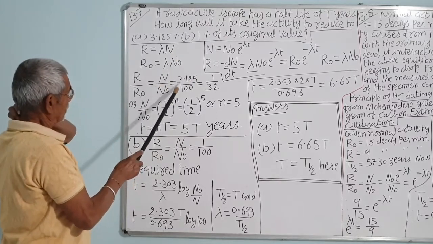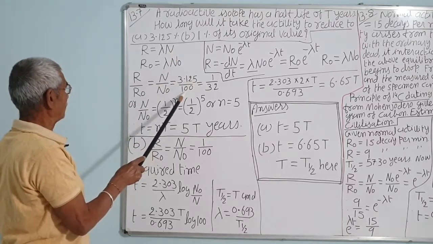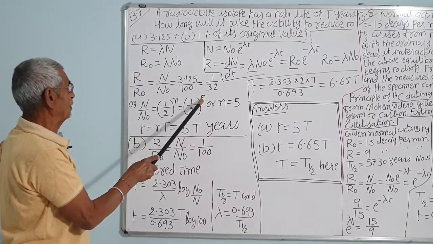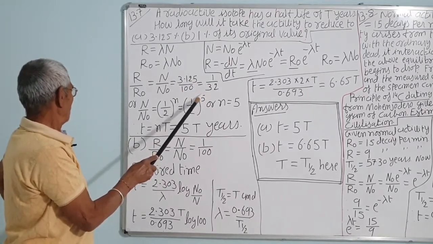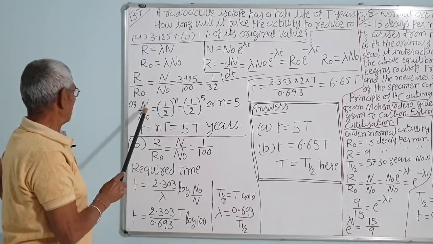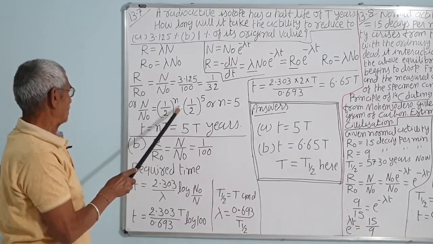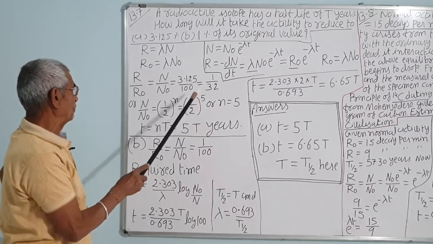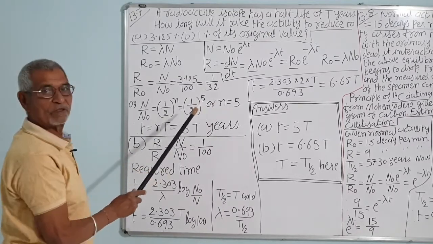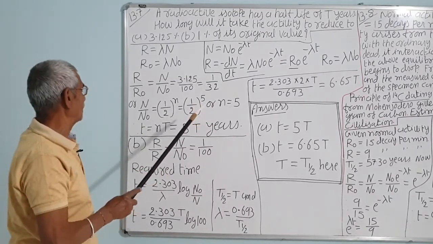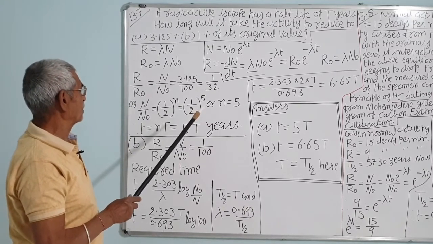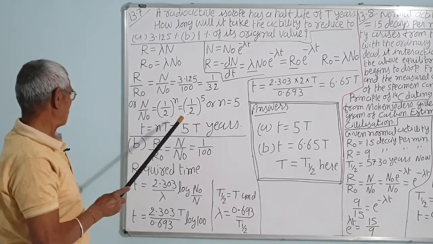Then take this ratio, 3.125 upon 100, that is 1 upon 32. So N upon N0 can be written as 1 upon 2 raised to power n, that is 2 into 2 into 2 into 2 into 2, five times, so n is equal to 5. 2 into 2 is 4, into 2 is 8, into 2 is 16, into 2 again 32.